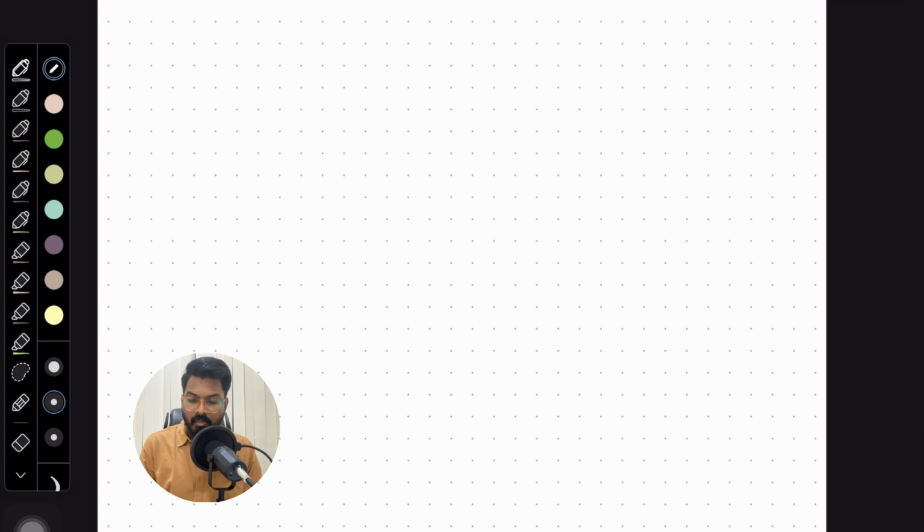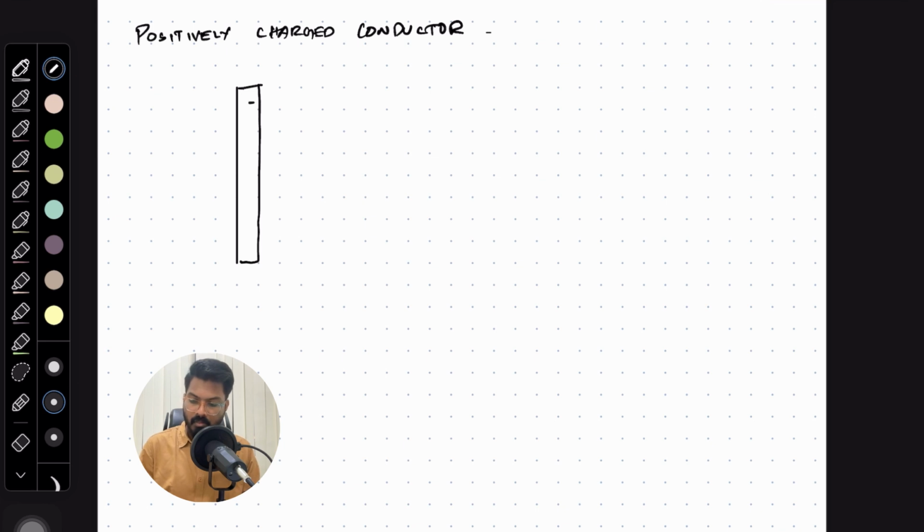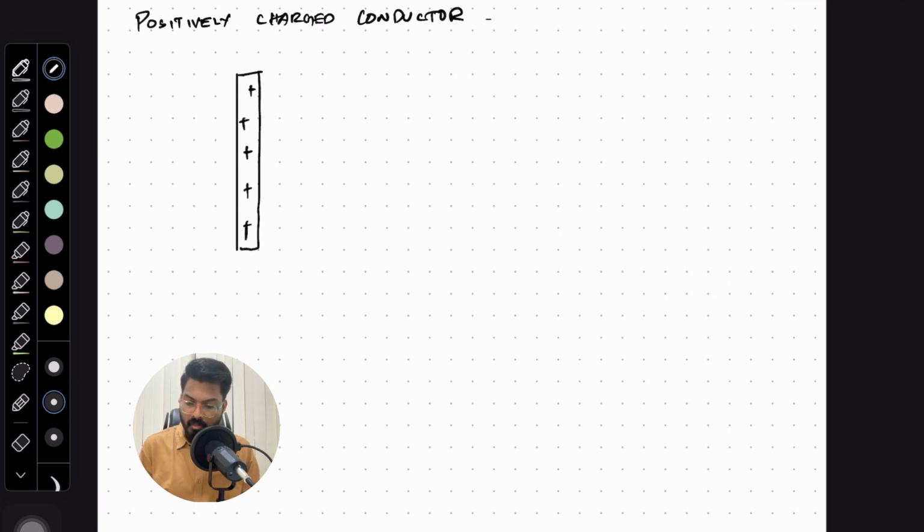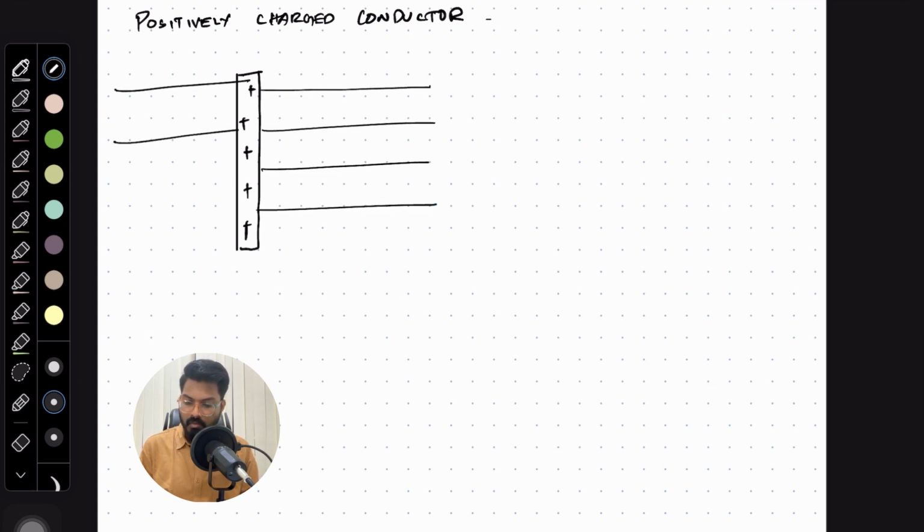What happens in the case of a positively charged conductor? Let's say there is a conductor which is positively charged. So let's visualize a conductor like this. It is positively charged. So we are going to have the field lines like this.